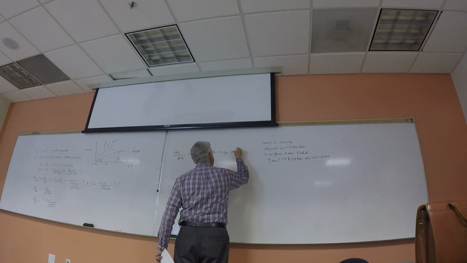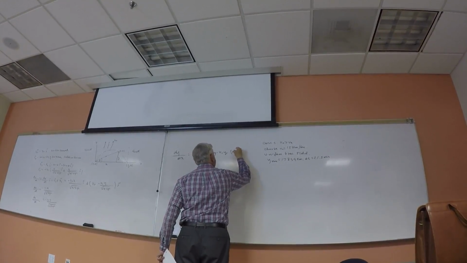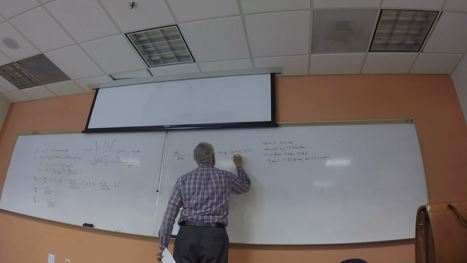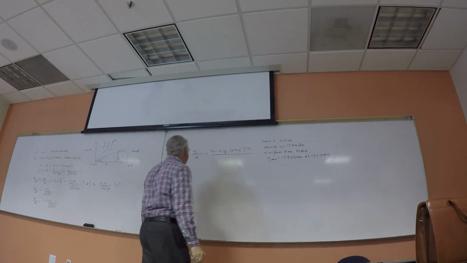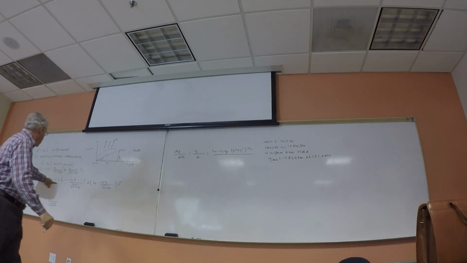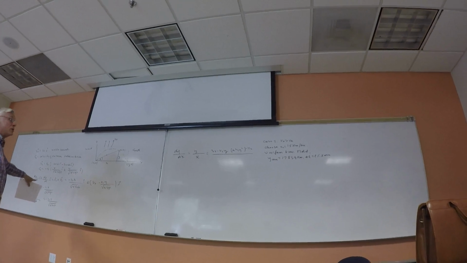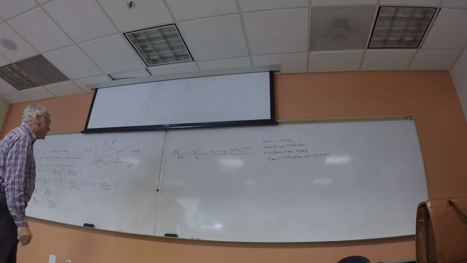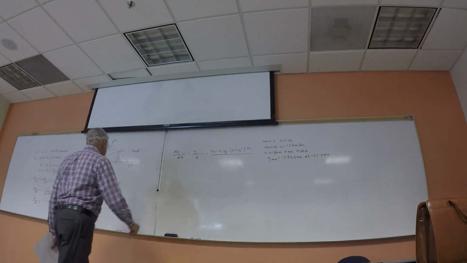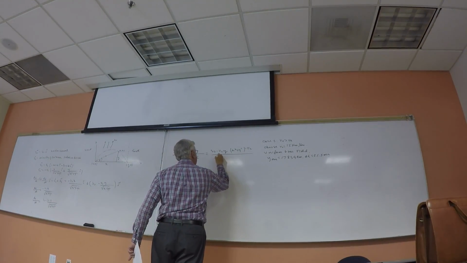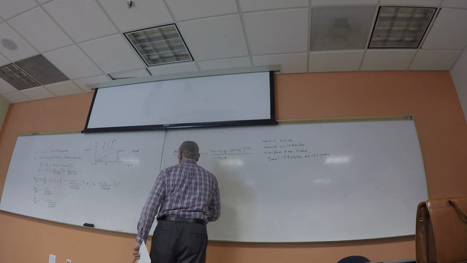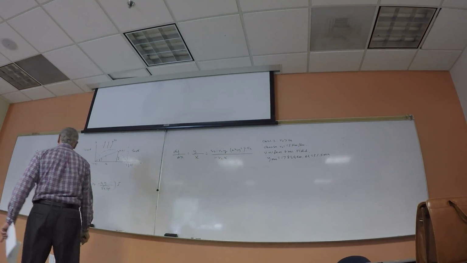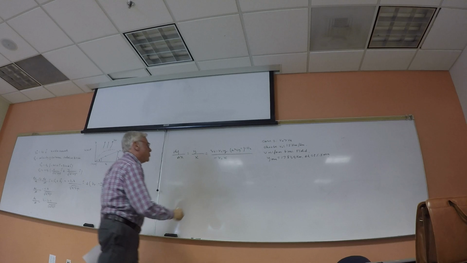Checking my algebra, right? And downstairs I have dx/dt, which is minus VS x over the square root of x squared plus y squared.